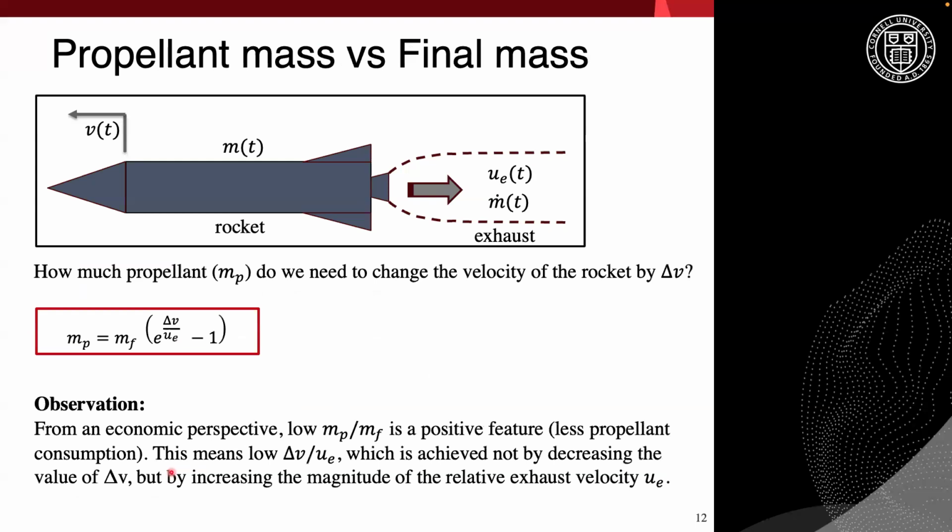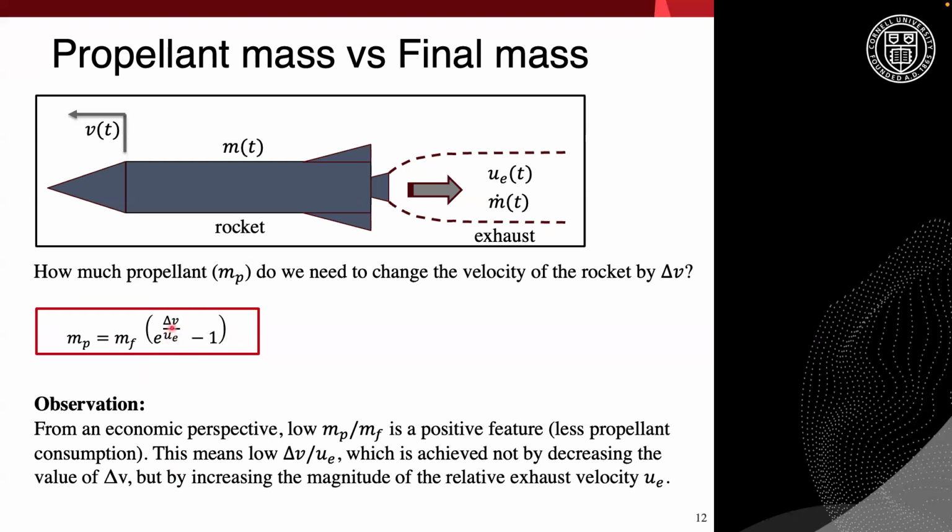And we can see that it grows exponentially. There is also an observation here, that from an economic perspective, we want less consumption of fuel. So we want a low ratio of mp over mf. In other words, we want to minimize this quantity. And we can minimize this quantity by either minimizing delta V or maximizing ue.